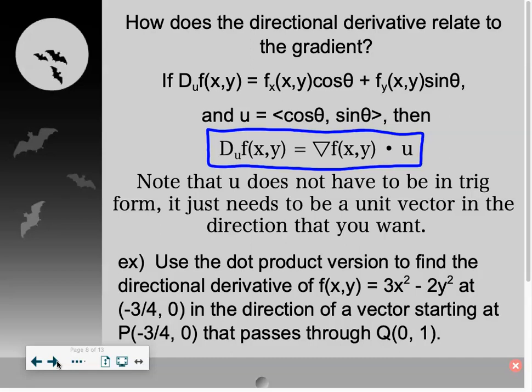You have to find your gradient, which I know you can all do, piece of cake. Then you're going to have to find your u, which is a unit vector in the direction you want. All right? So you want a vector that goes from here to here. u would be a unit vector in that direction.